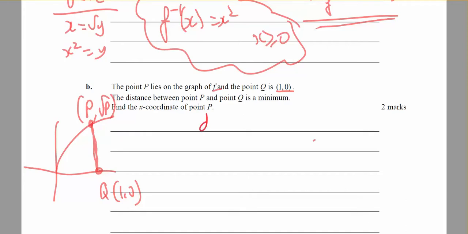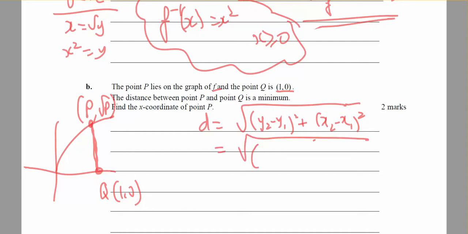The distance rule would be the square root of (y2 minus y1) squared plus (x2 minus x1) squared. That's going to be the square root of (0 minus root p) squared plus (1 minus p) squared.